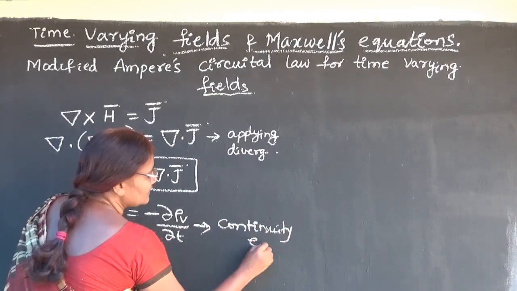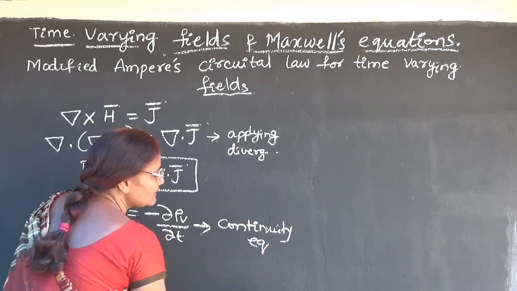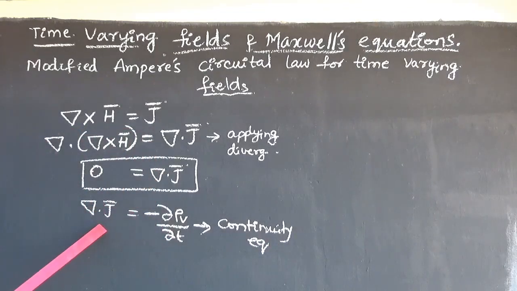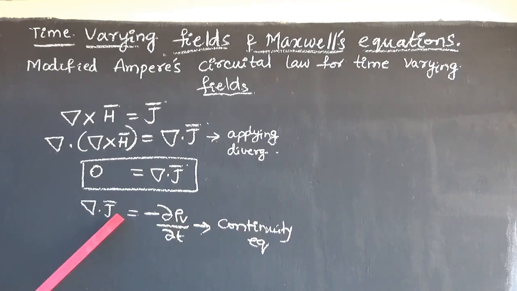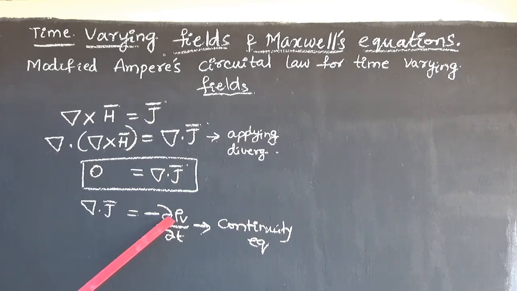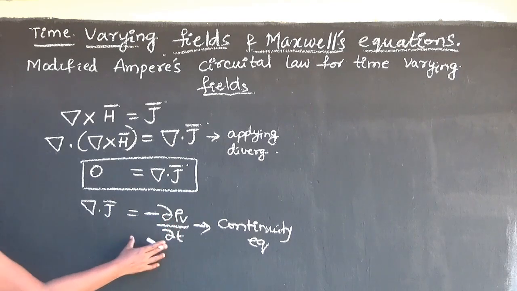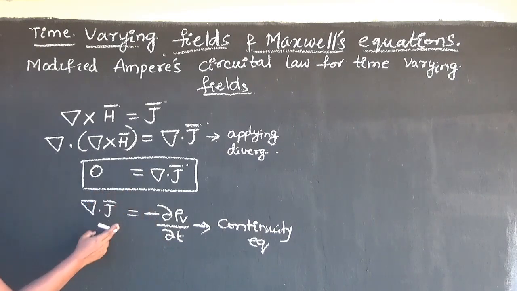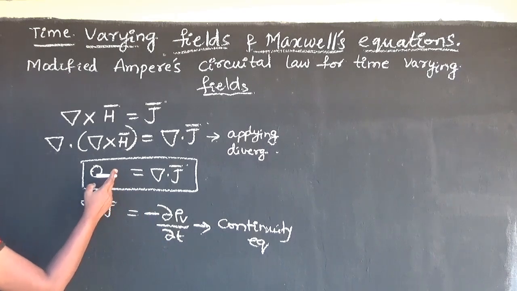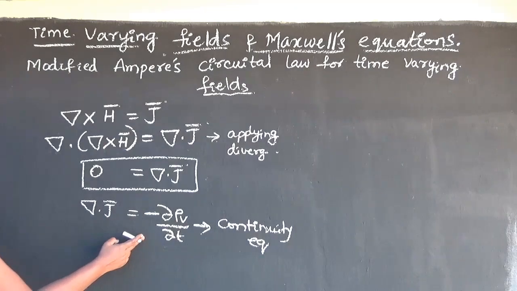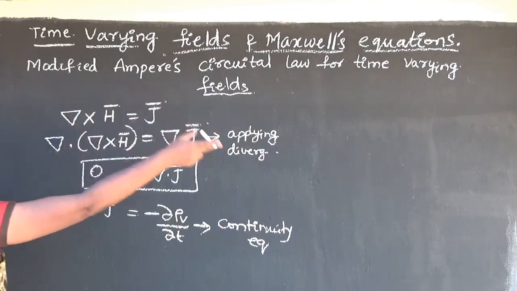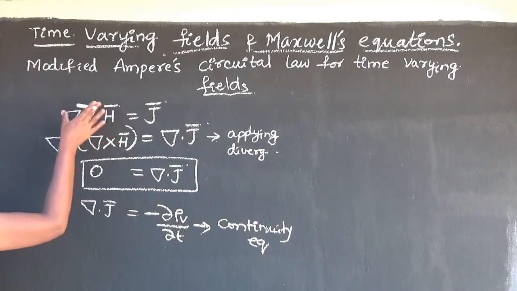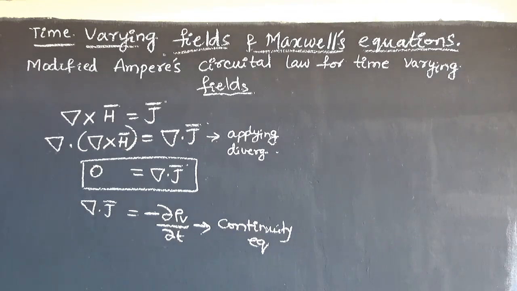I have already told this, and you can go through your notes: the continuity equation is del dot J bar equals minus dou rho v by dou t. So you can see that these two are different. If you want to apply this Ampere's circuit law for time varying fields, you have to modify it.